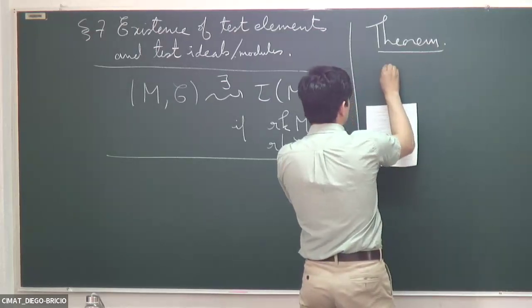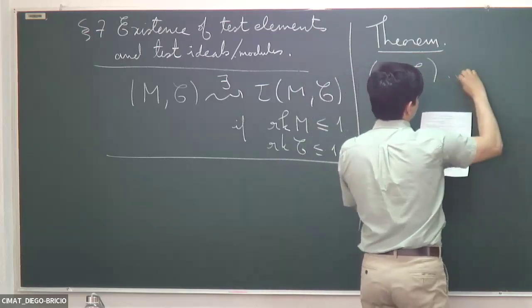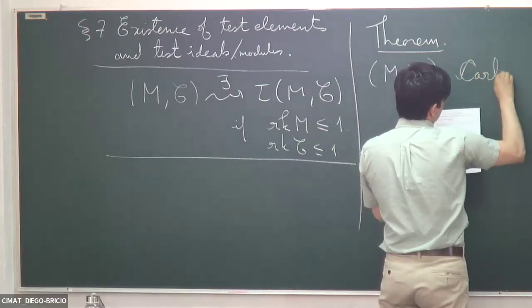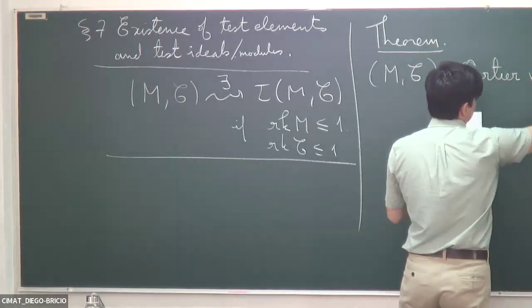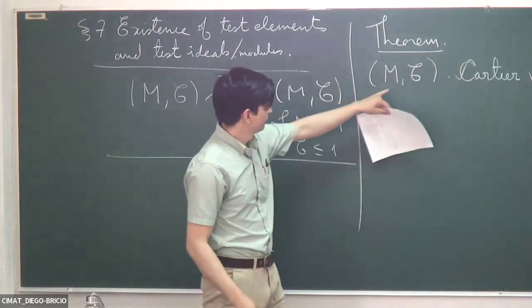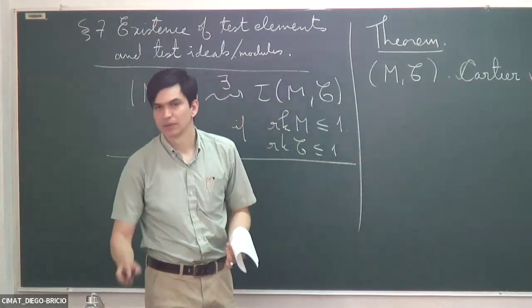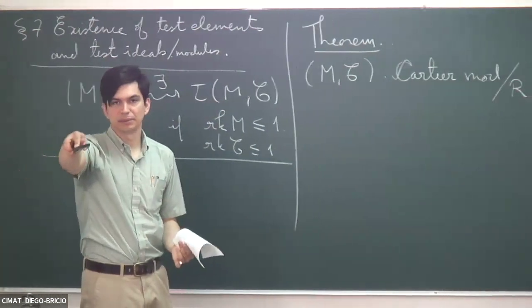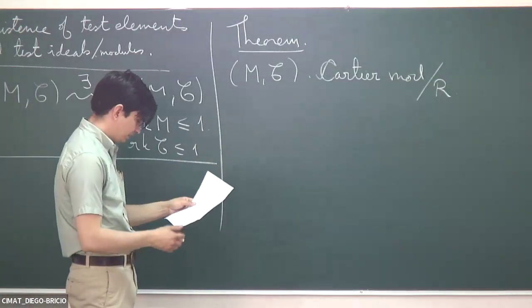Let's take a Cartier module over a base ring R. Okay, so C is a Cartier algebra over R acting on M by p inverse linear maps, or q inverse linear maps, if you will. So this is the setup.